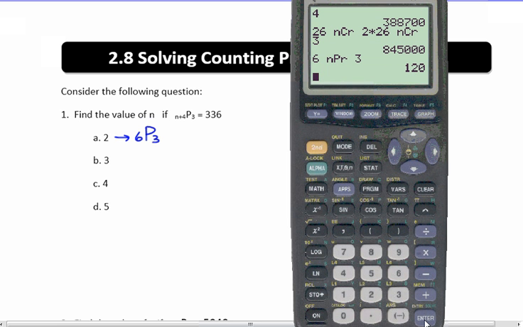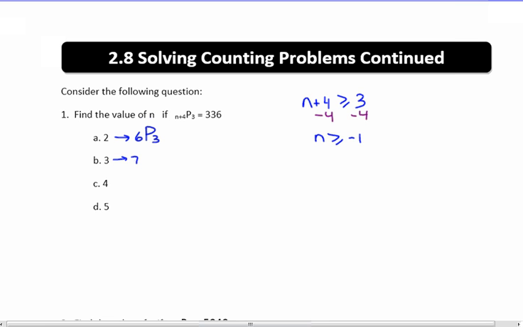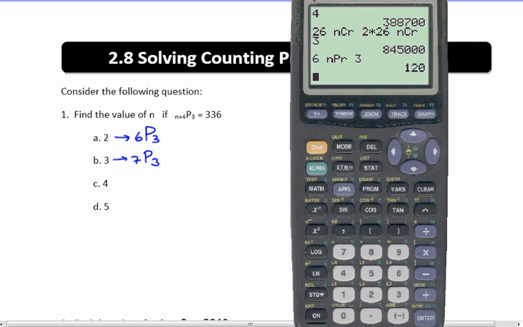No. So the next one, if n is 3, how many objects would we have? It would be 3 plus 4, or 7, pick 3. So let's try that one. Now, instead of typing this all in, again, what could you do on your calculator? Second, enter, and then just go back and change that to 7.